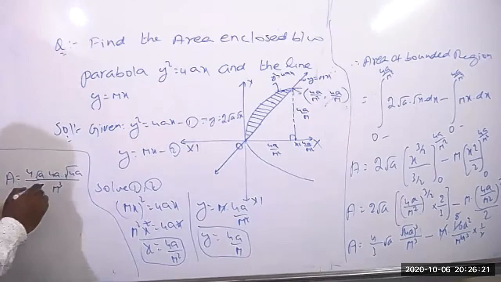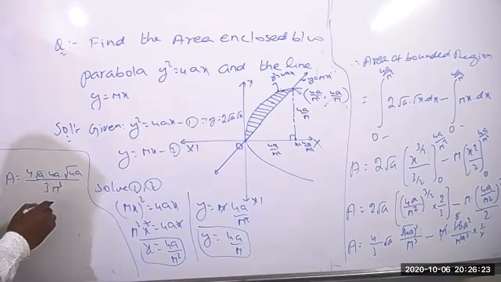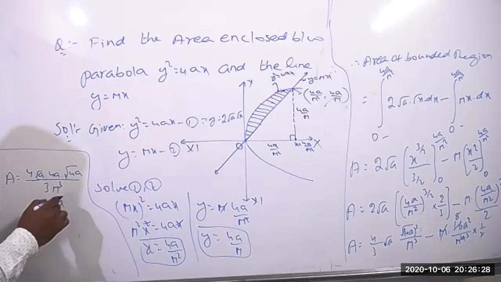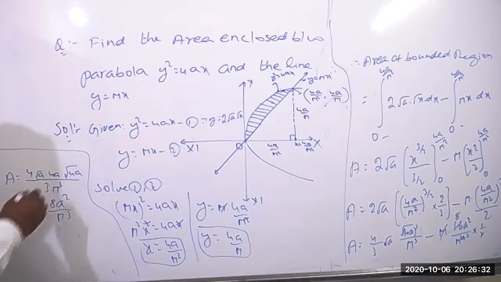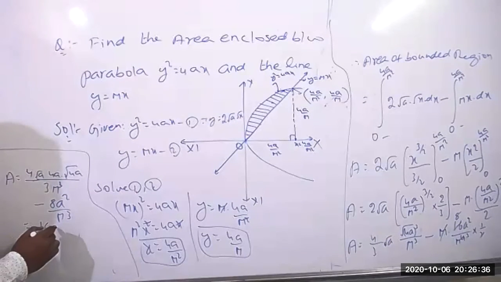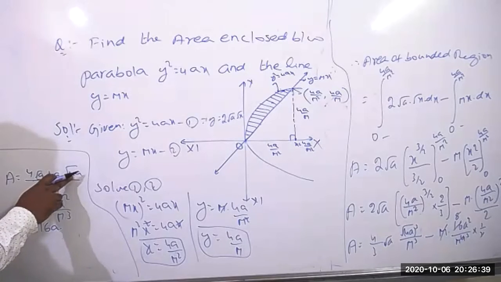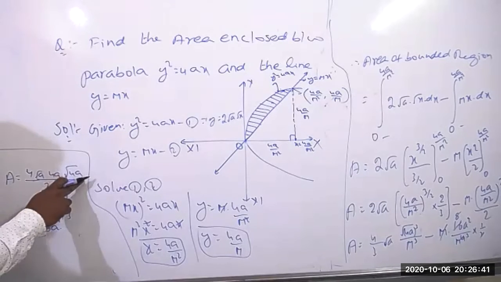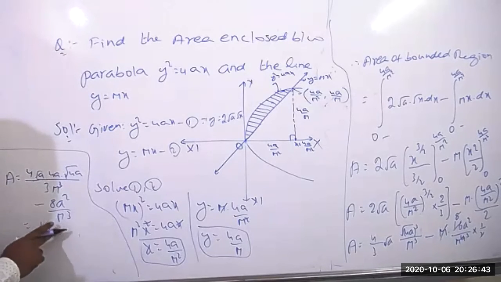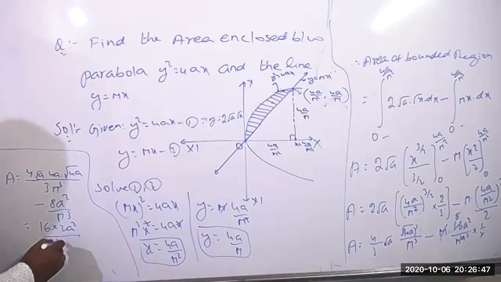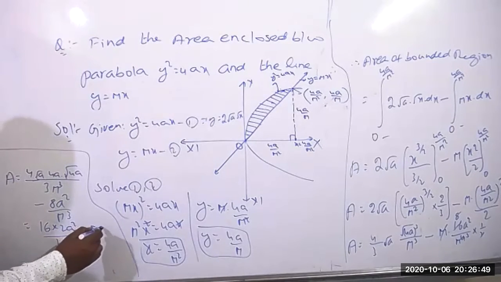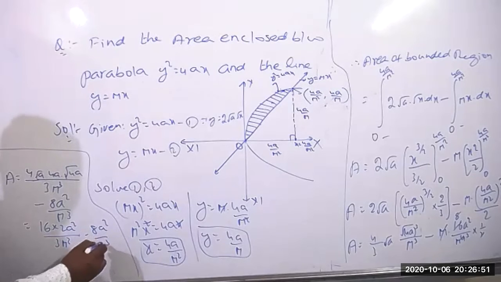I mean, directly can write now 3m cube minus 8a square by m cube. Now clearly this value I can write now 4 4s are 16. 16a into root 4 equal to 2 and 2 into root a. Root a into root a equal to a only, and a into a equal to a square into 2a square whole by 3m cube minus 8a square by m cube.